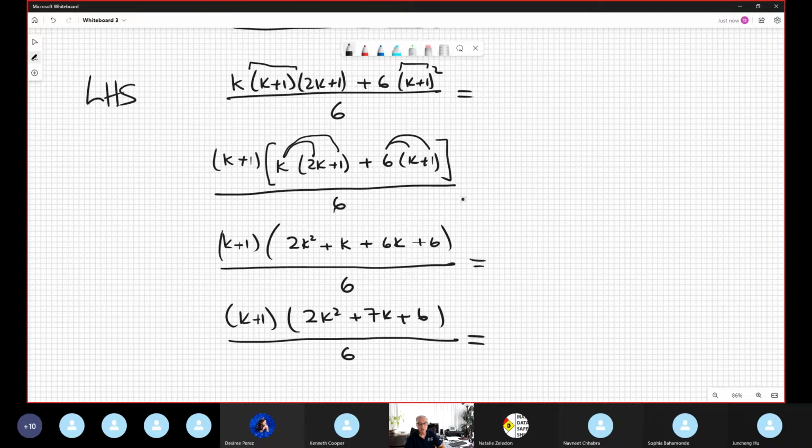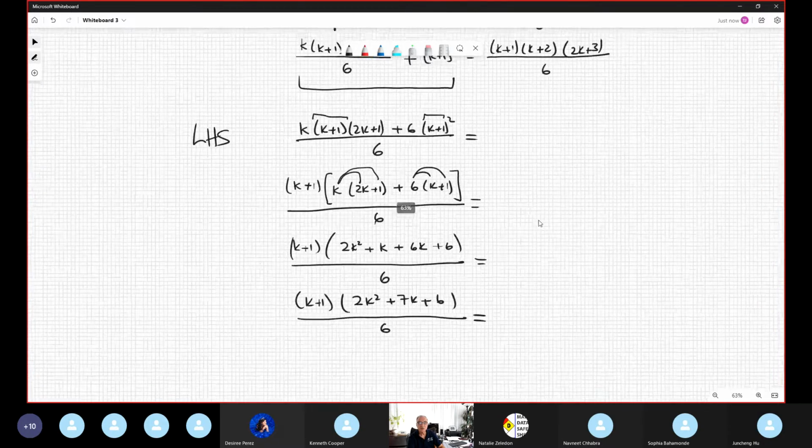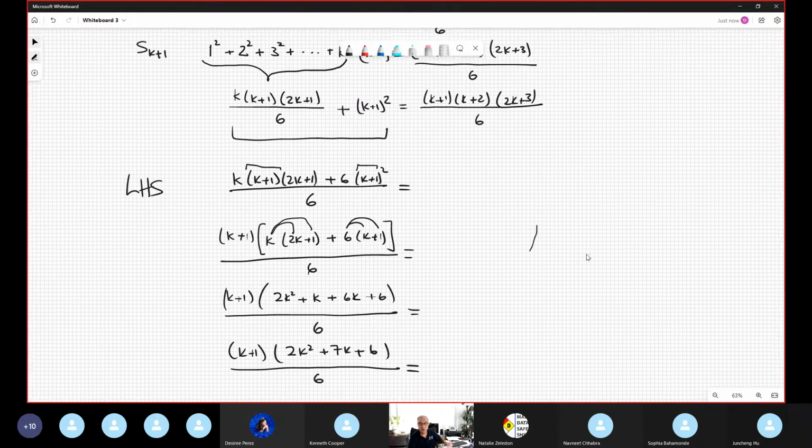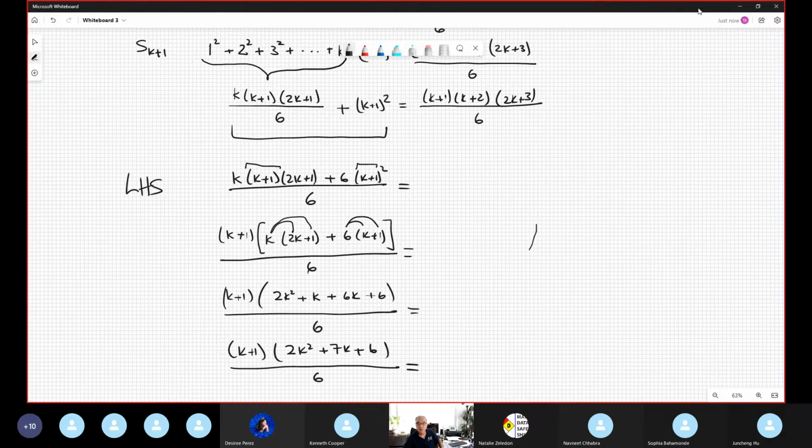I don't know if this is equal to the right-hand side or not, because so far we have this situation. So I propose one smart idea. Suppose you keep k plus 1 on top here.